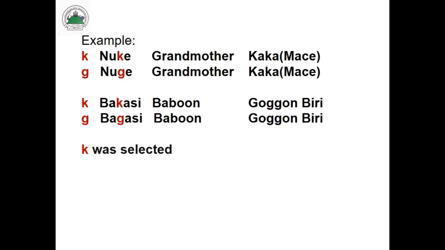We have another example there, bakasi, which means baboon or gogombri. And sometimes some people pronounce it as bagasi. So, like we said, of these sounds that sound similar, the one that we are using is this k sound.